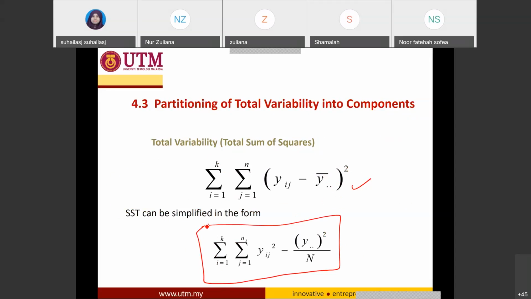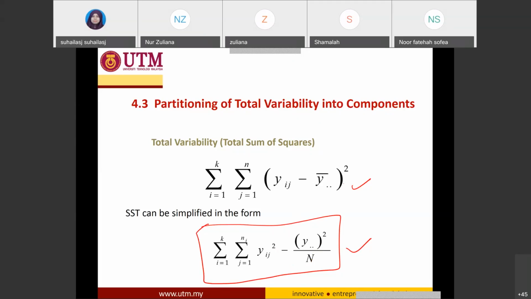So yang ini yang kita akan compute. Kita akan guna formula ni. Ini general formula tu biasa tak pakai lah ya. Biasanya kita pakai simplified form, which is we have double summation Yij squared minus your grand total Y dot dot squared divided by capital N. N besar ni adalah total number of your observation.